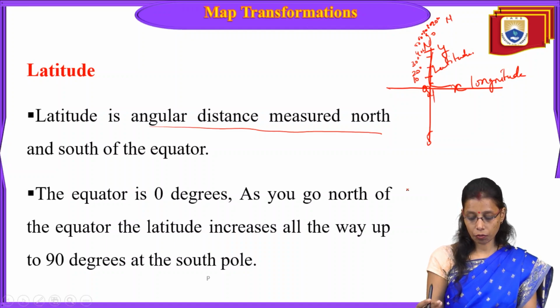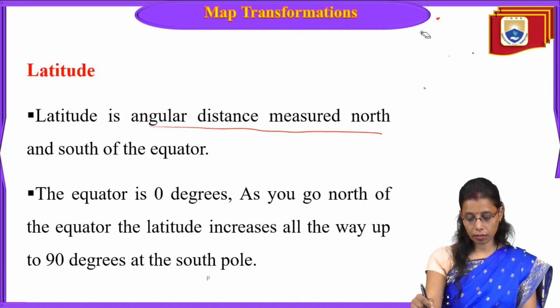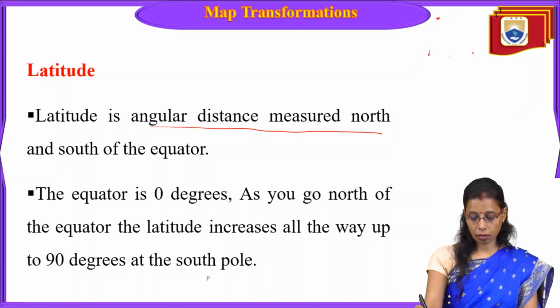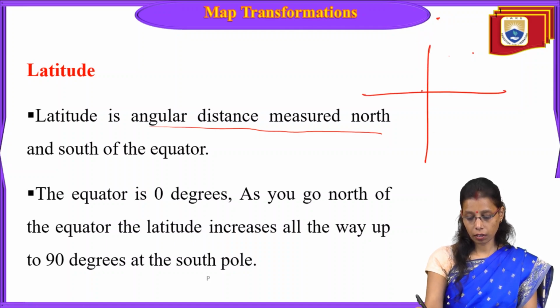Now, if you want to go south from the equator, I will make you understand clearly. Here is your angle. This is the equator, 0 degrees. This is north, this is south, east, west.